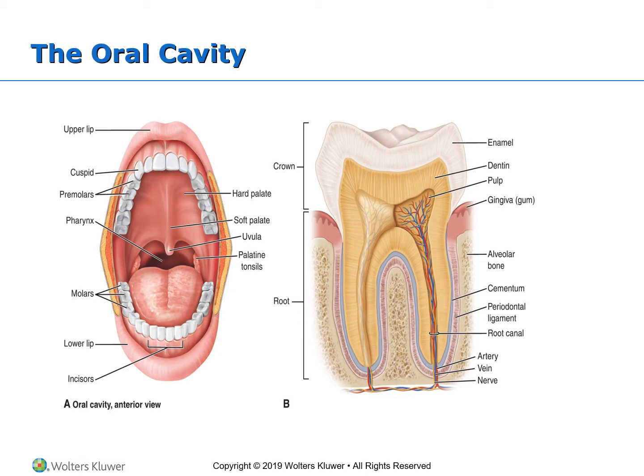If we are looking at the structure of the tooth, you can see in image B on your slide how the teeth are located in the teeth sockets inside the jawbone. It's called alveolar bone because it makes the alveolus, those sockets where the teeth are contained with their roots.